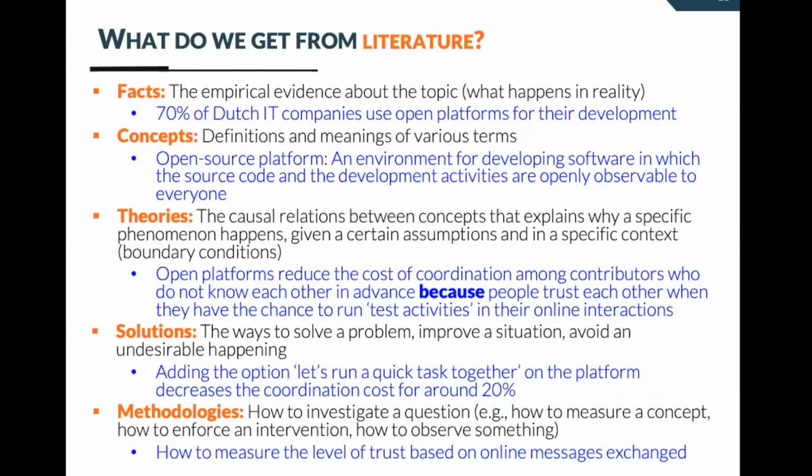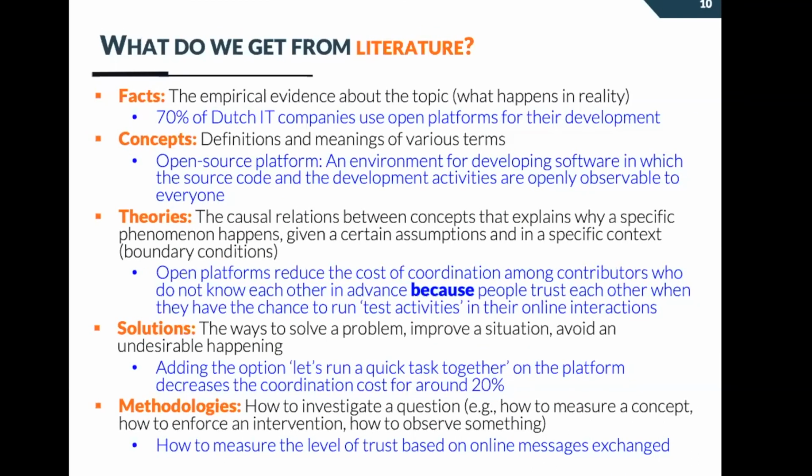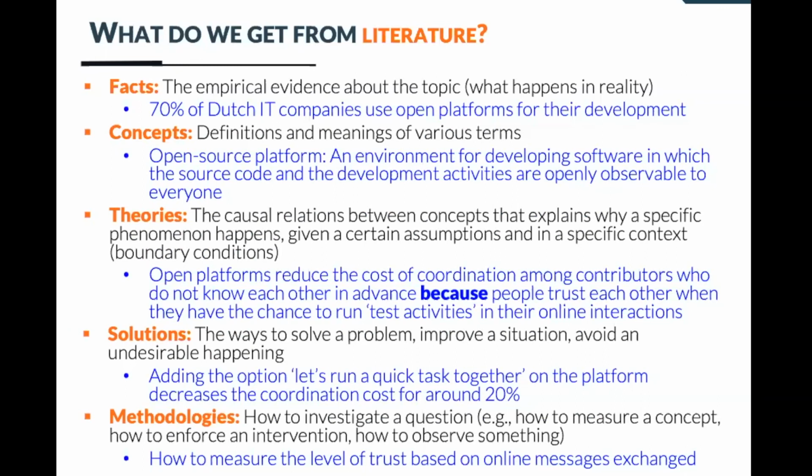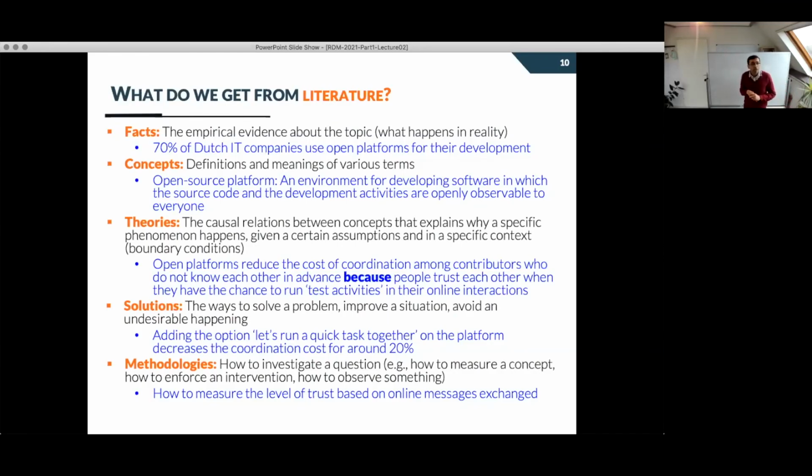HBR papers give us more solutions and facts. Okay, where do we get more of the concepts and theories, not methodologies, concepts and theories? Classic books, textbooks, original theory books, and methodologies, of course, you get on empirical readings that you have.